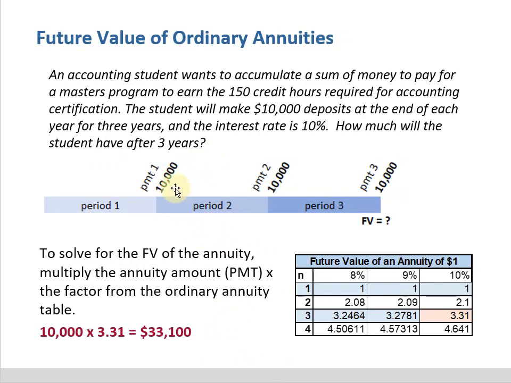If you know the annuity amount, the interest rate, and the number of compounding periods, and you want to know the future value of that annuity, you multiply the annuity amount times the future value factor of an ordinary annuity. So you'd go to the future value of an ordinary annuity table, use the column for 10%, the row for 3 compounding periods, and you can see here that the factor was 3.31, and we get the same answer that we did a minute ago when we did a manual computation.